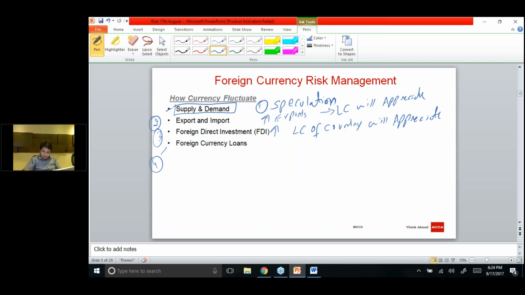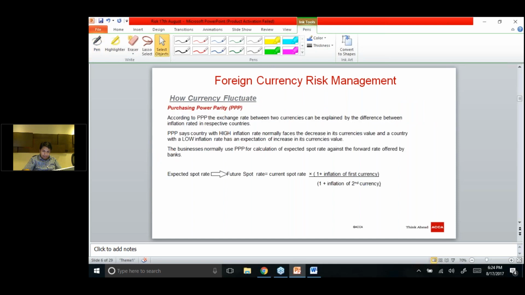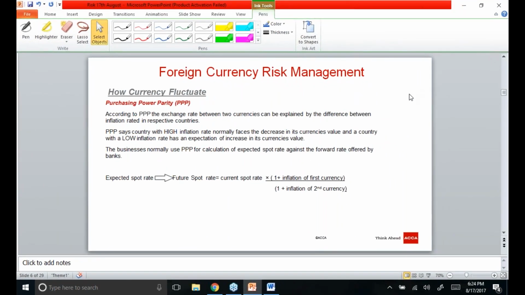Okay, let's move to the next slide. Next is the purchasing power parity theory. This theory follows the law of one price. And what do you mean by the law of one price?